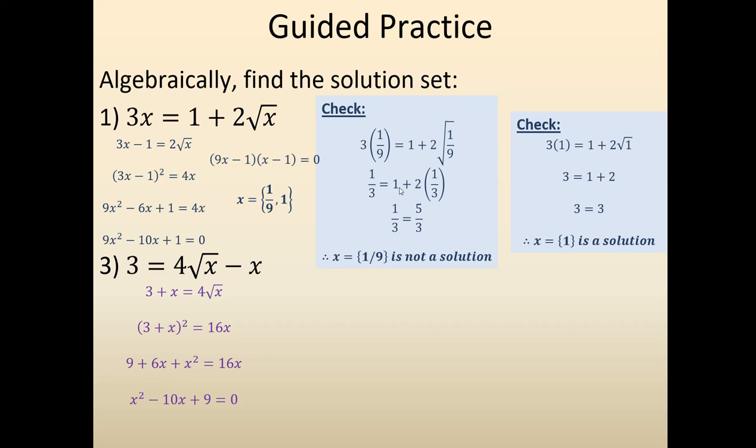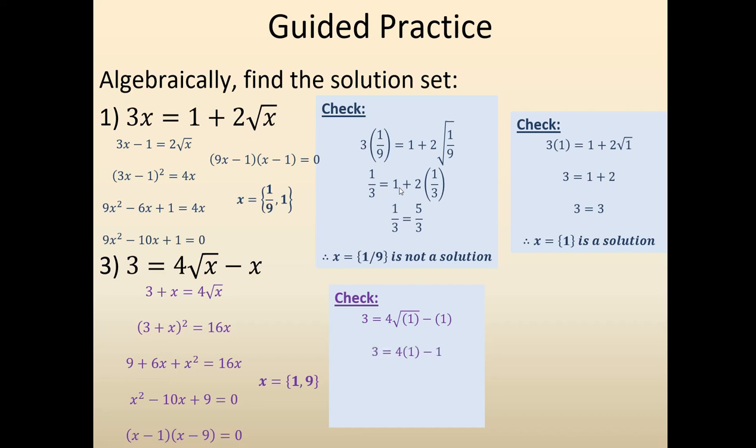I also write it in standard form. So you get x squared minus 10x plus 9 equals 0. This factors into x minus 1 and x minus 9. Setting both of those terms equal to 0, we find that the solutions will end up being x equals 1 and x equals 9.